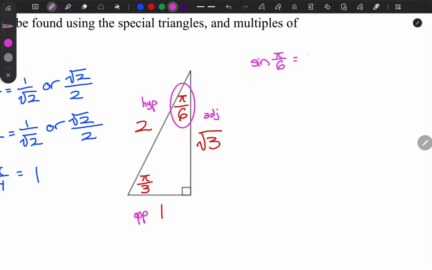So this one is going to be 1 over 2. Cosine pi over 6, root 3 over 2. And tan pi over 6, 1 over root 3, or root 3 over 3.